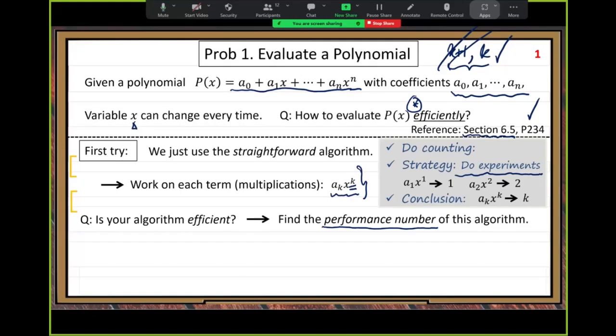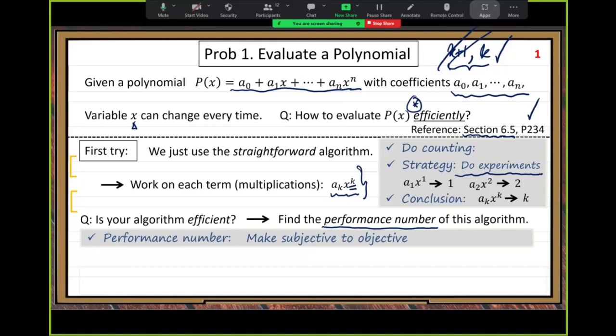We want to have some objective way to describe the efficiency. So when we need to use a concrete performance number, we want to turn the subjective thing into something objective. That's the first consideration. We will discuss this issue later.